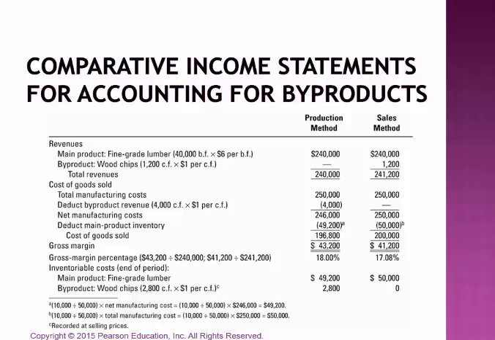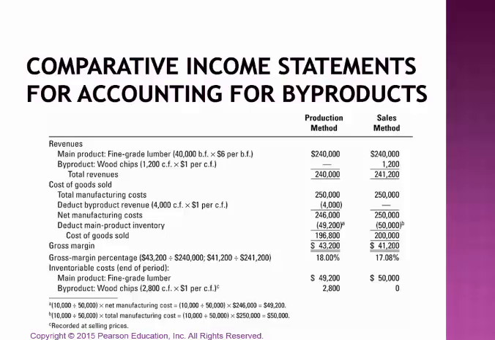But then we've got some changes that we need to account for based on the production method. Under the production method, we deduct the selling price for all of the byproduct that has been produced. Not for just what was sold, but all of it.